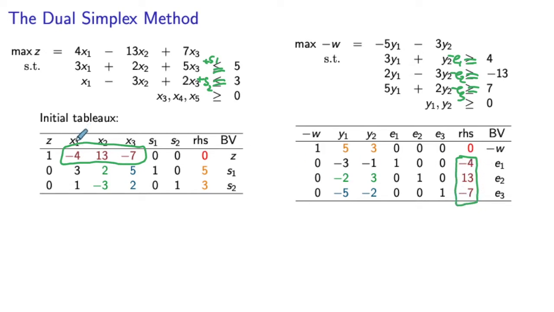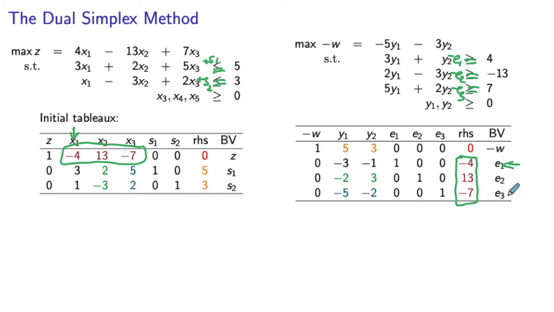So we can see that the columns of the non-basic variables correspond to the rows of the basic variables in the dual tableau. And not surprisingly, the column for x1 corresponds to the row of e1. And we know this close relationship between x1 and e1. Then similarly x2, e2 and x3, e3.